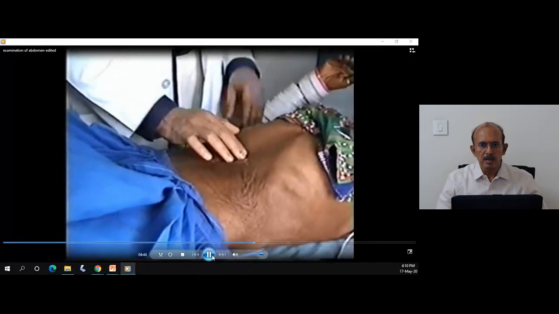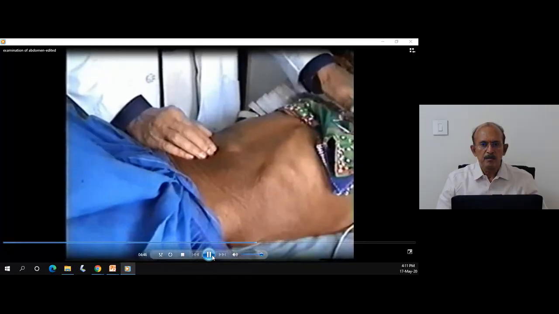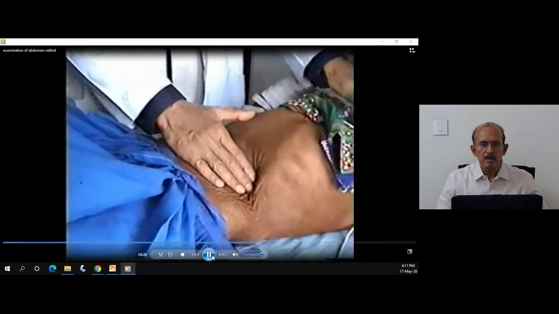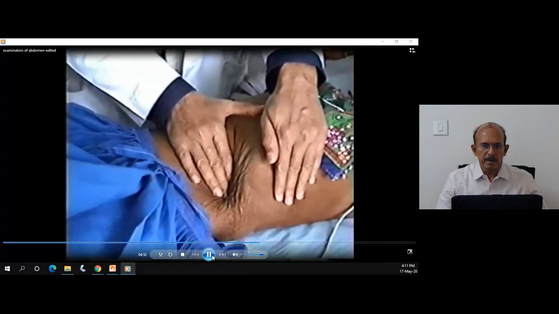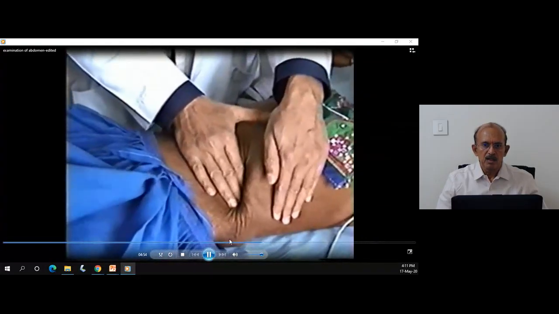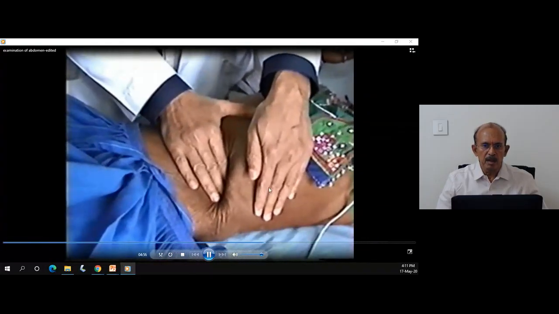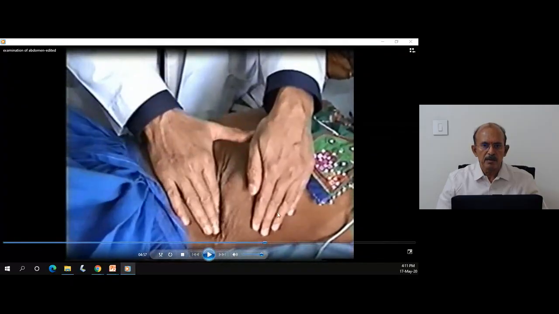I am feeling the lump: consistency, borders, mobility. I am feeling for the spleen. Mild splenomegaly you can palpate by this particular procedure. Keep your left hand over the chest wall, above the left costal margin. Slide it so that the skin comes more towards the abdomen.